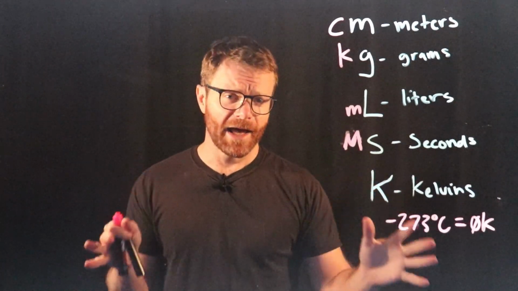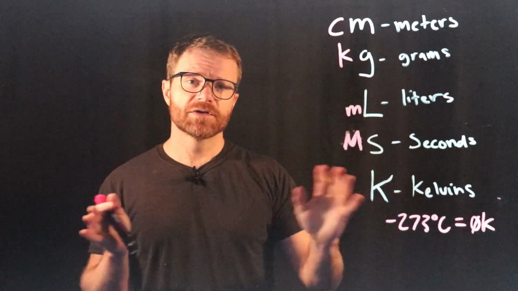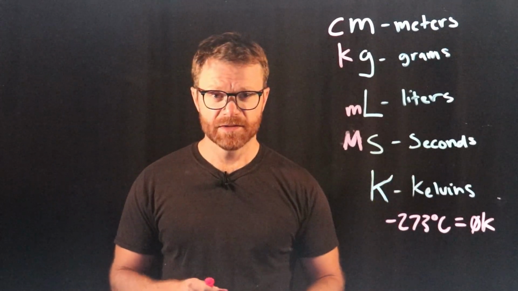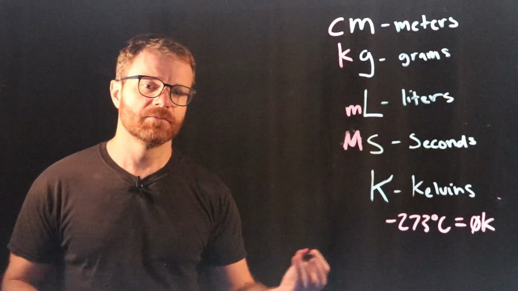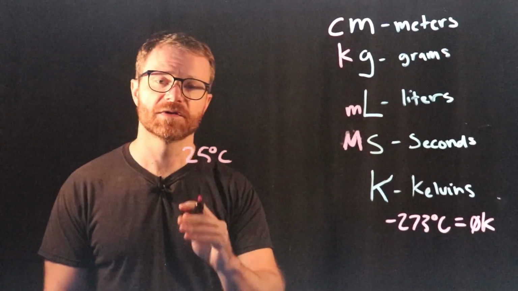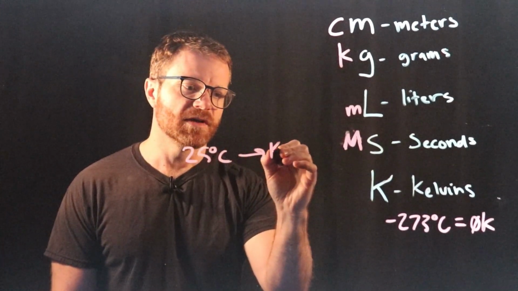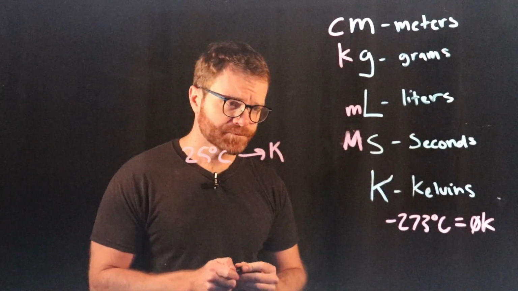The only other thing I would add is with kelvins, there's an easy way to convert to and from kelvins if you know degrees Celsius. So let's say something is 25 degrees Celsius, close to room temperature, and we want to know what that temperature is in kelvins.